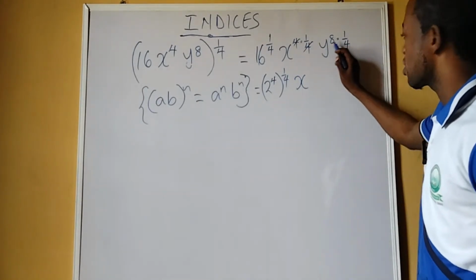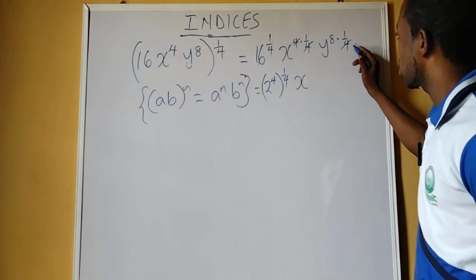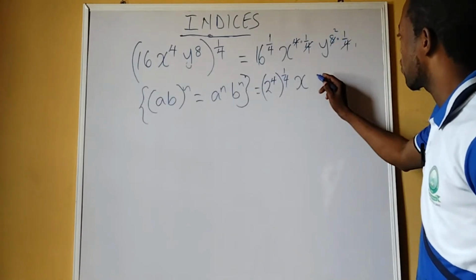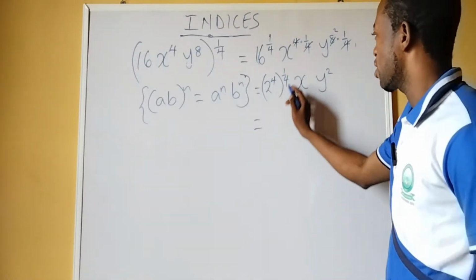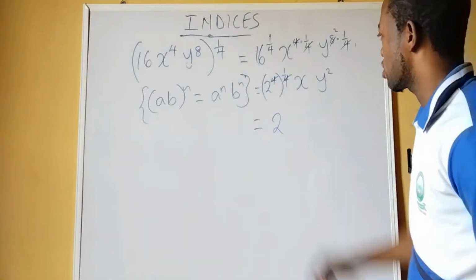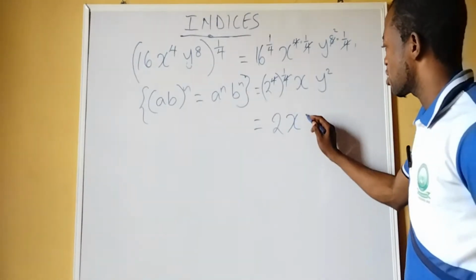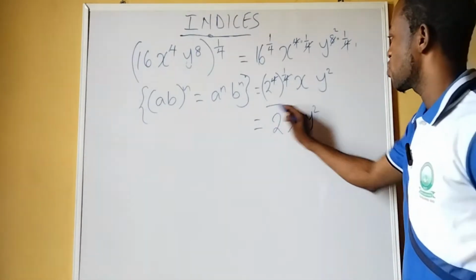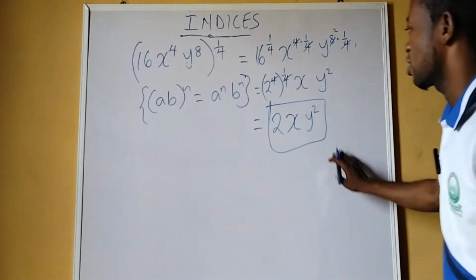And also here, this power also multiplies, so we can say 2 here, 4 here, 1, and 4 here, 2. And we have y squared. And similarly here, we have 4 here, 4 here, cancel each other. We have 2 left, because 2 raised to power 1 is still 2. Then we have x, then y squared. So here we have this as the final answer to what we have here.